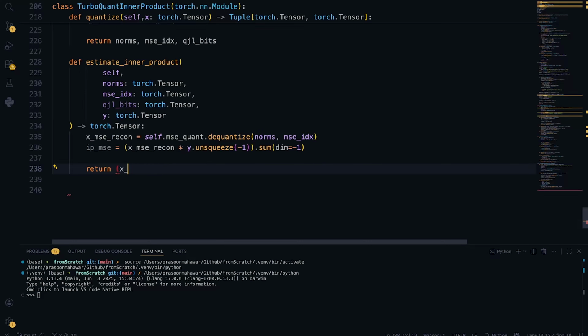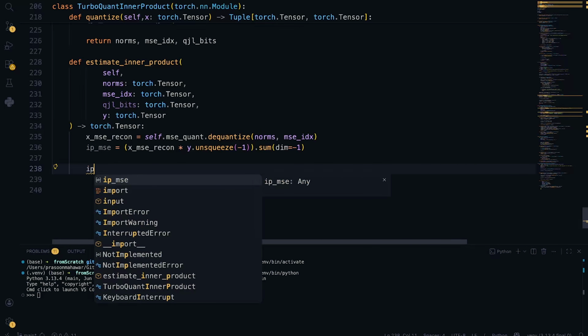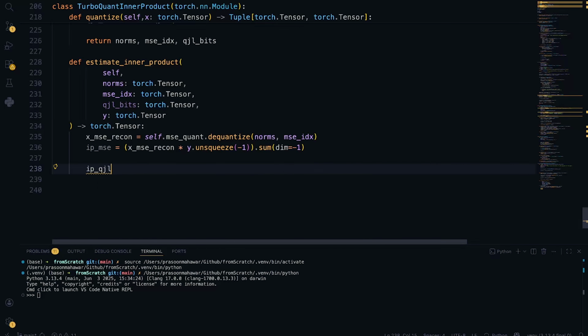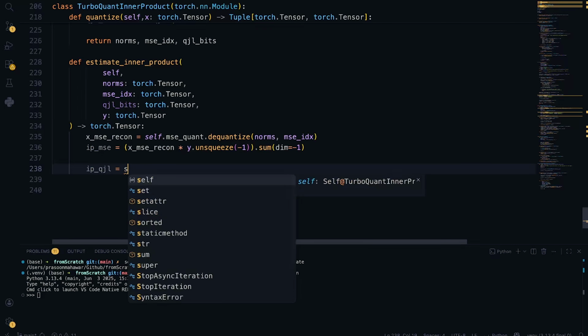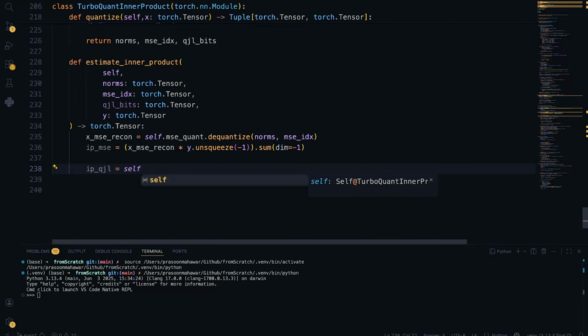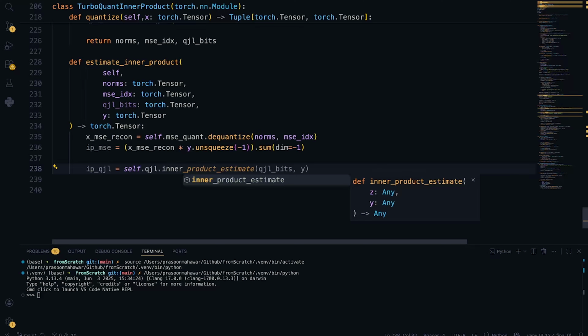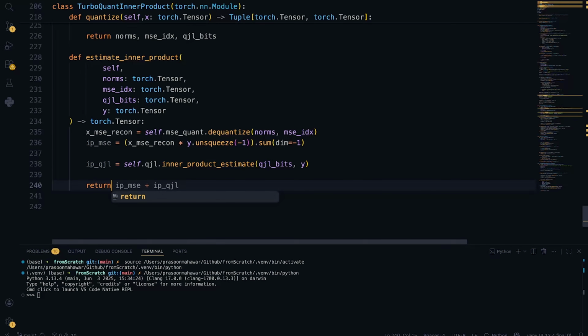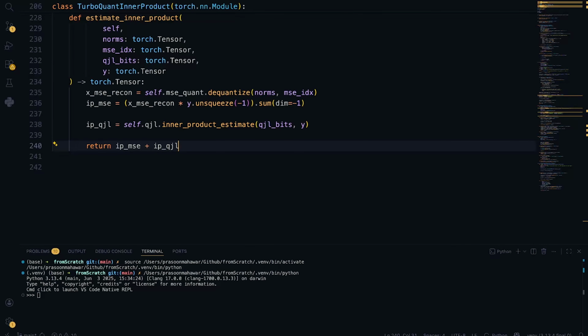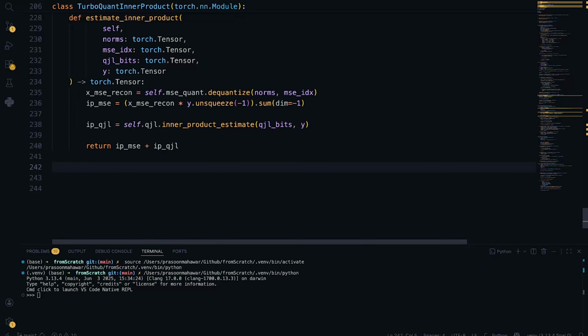This autocomplete is wrong. IP QJL equals self.qjl.inner_product_estimate with QJL bits and y, and now we finally return the IP MSE plus IP QJL. So the two stages that we just discussed.